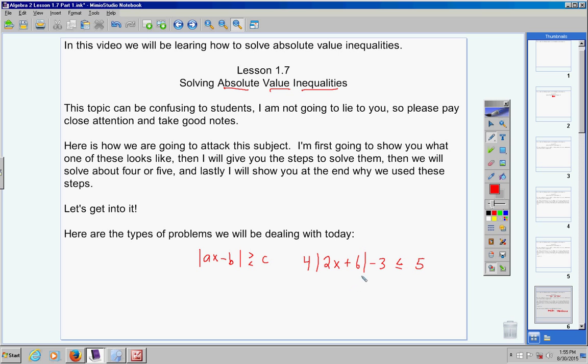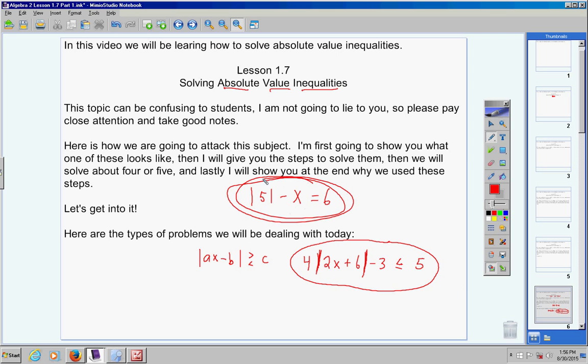Now please listen to me carefully. These absolute value symbols right here are not what makes this an absolute value inequality. It's not. Because you can have an absolute value of 5 right here, and then an x over here equals 6. Do you see this? And this right here would not be an absolute value inequality.